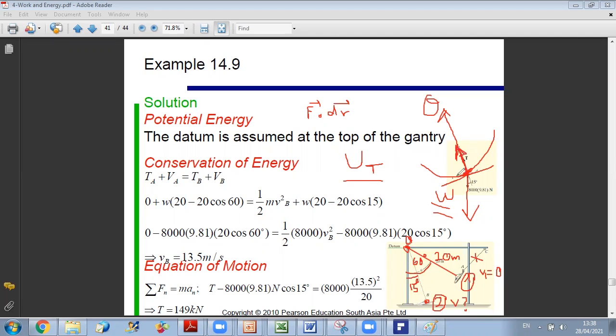So if the force is always perpendicular to motion, what will be the work then? Zero. Okay, so the work of the tension, since F is perpendicular to the r at any instant, this means that it cannot produce any work. So we can say here that the work of the tension will be 0.